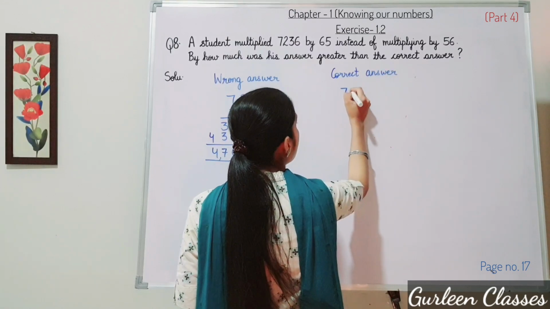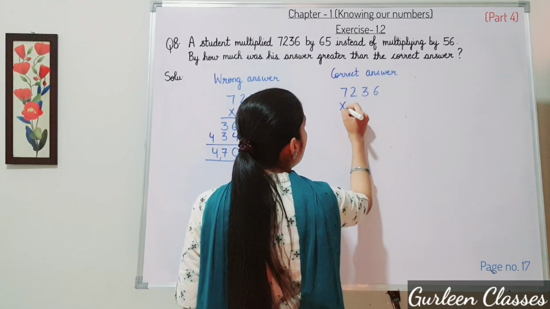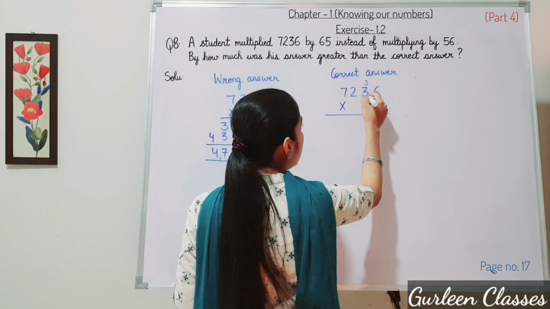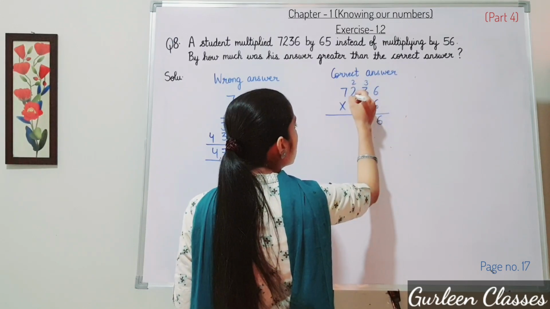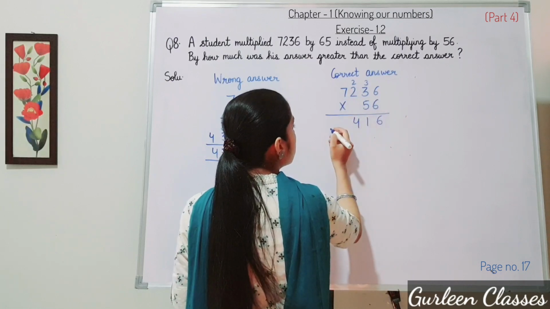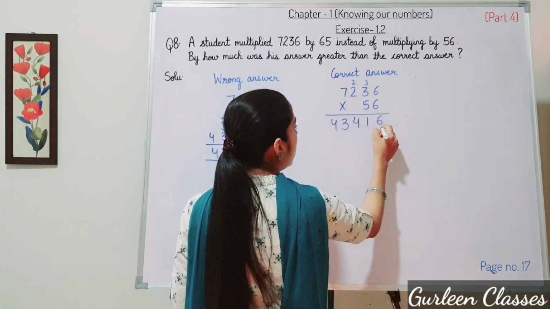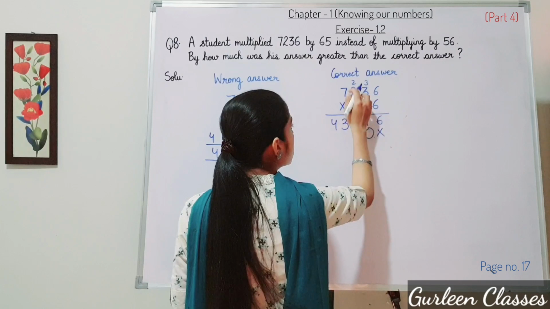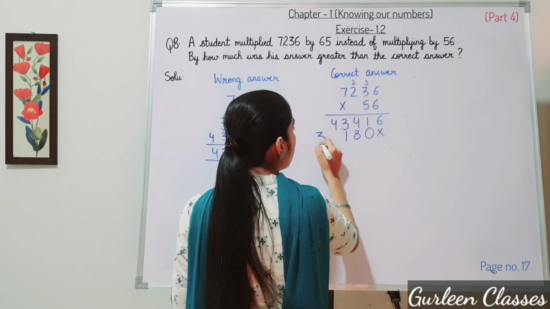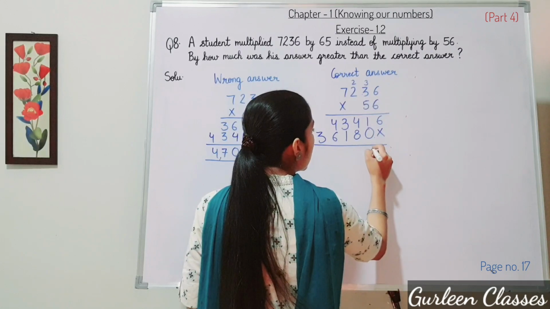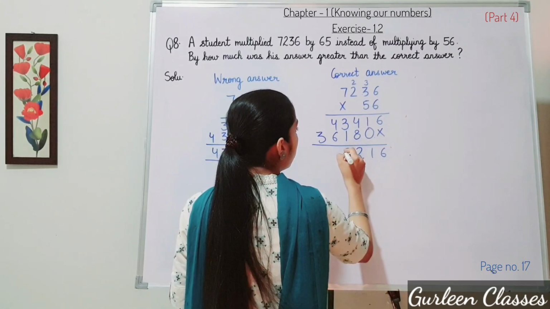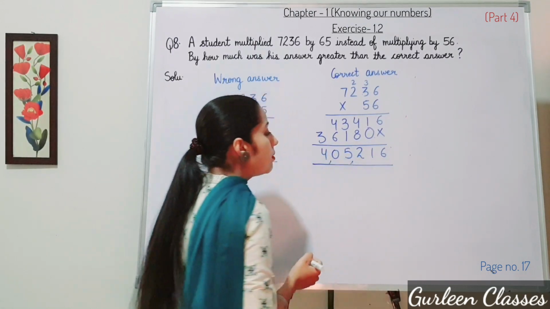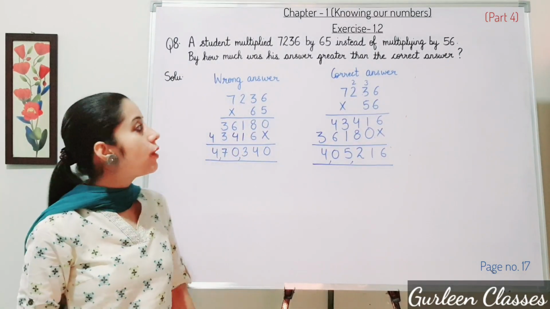So multiply 7236 into 56. 6 6s are 36. 6 3s are 18 plus 3, 21. 6 2s are 12 plus 2, 14. 6 7s are 42 plus 1, 43. 5 6s are 30. 5 3s are 15 plus 3, 18. 5 2s are 10 plus 1, 11. 5 7s are 35 plus 1, 36. So how much is it coming? 4,05,216.